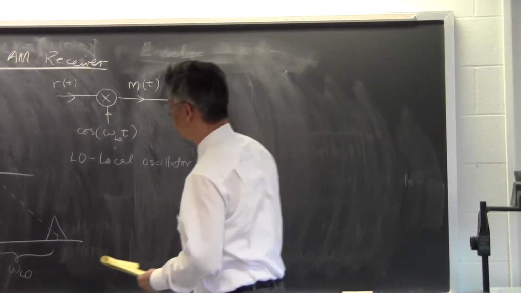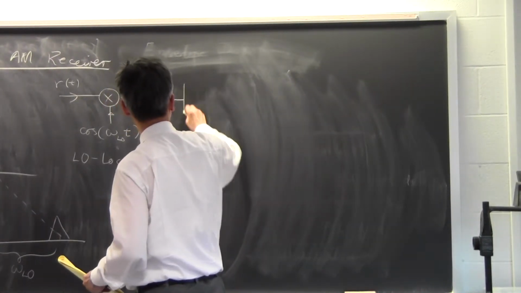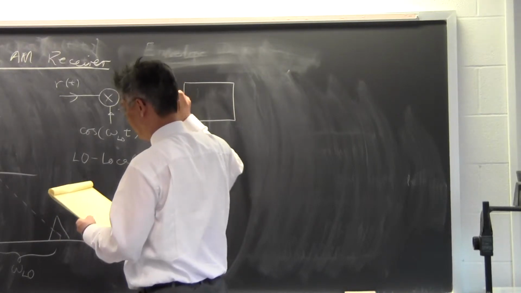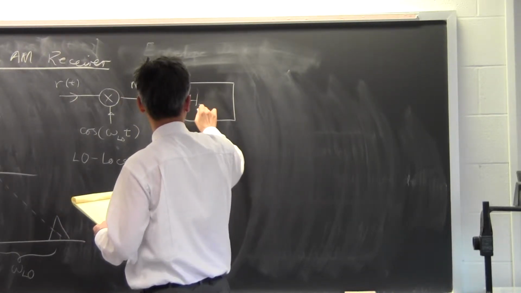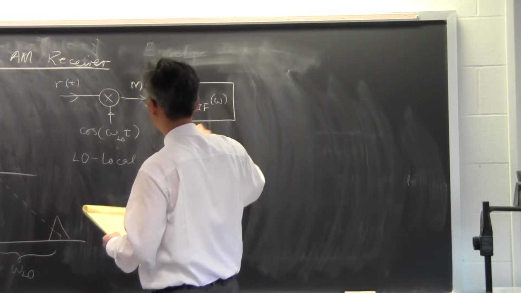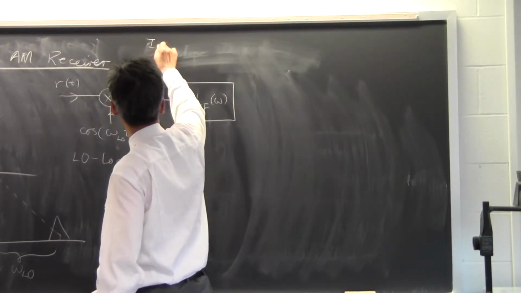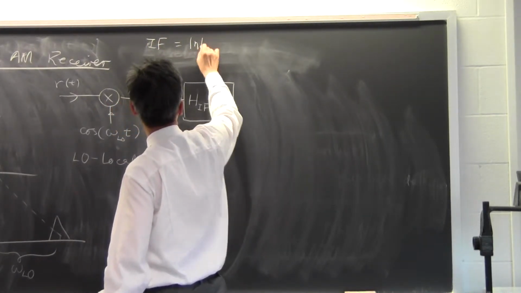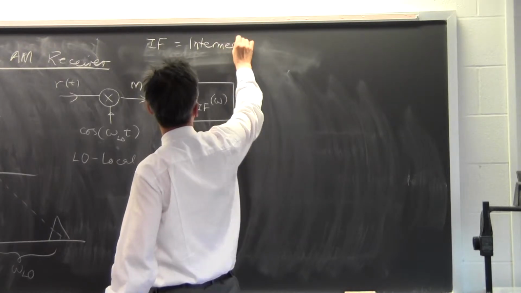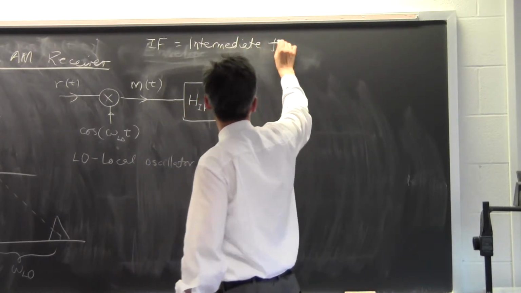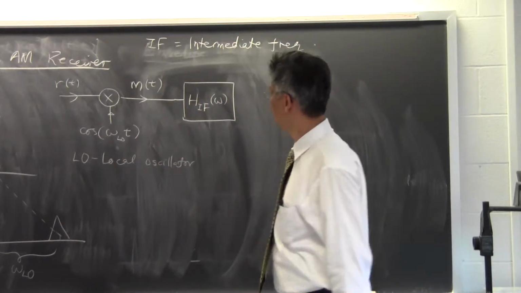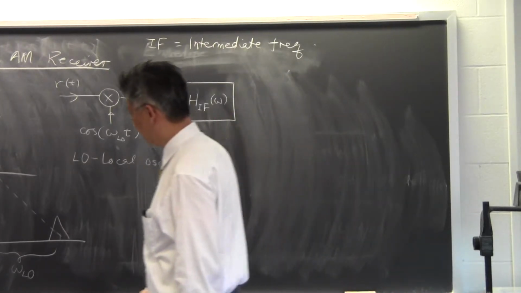So, if you do it that way, then now at this stage, if I design a bandpass filter, called the IF bandpass filter, IF here stands for intermediate frequency. Okay. You will pick up these two bands.